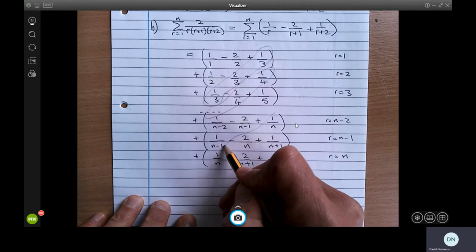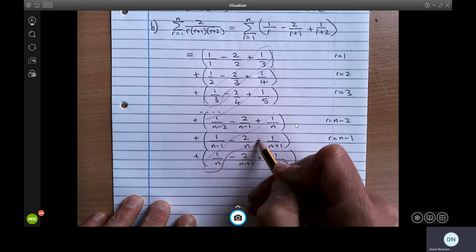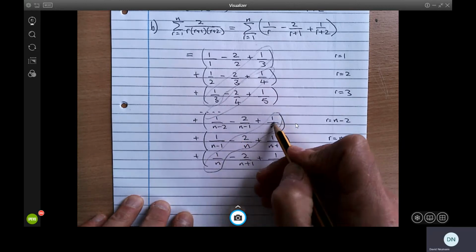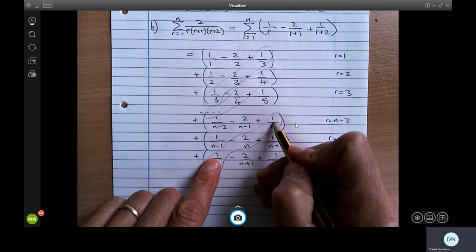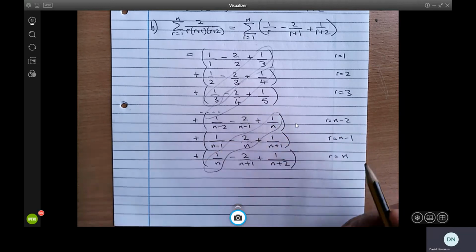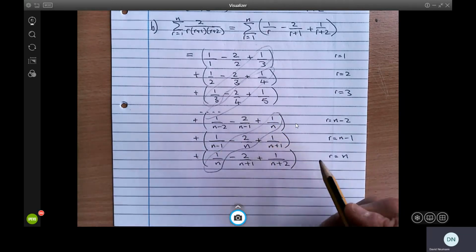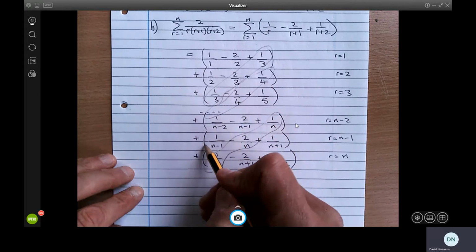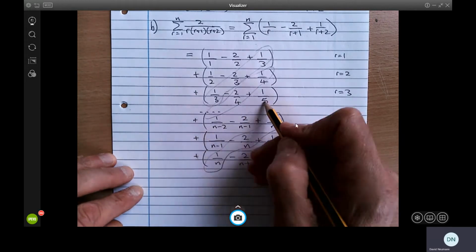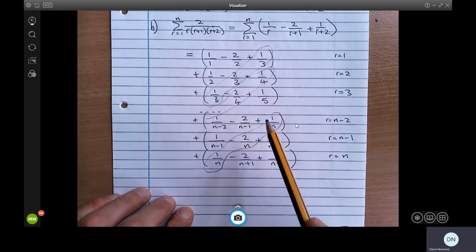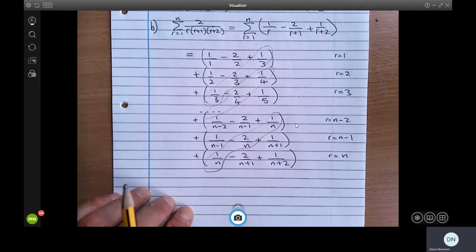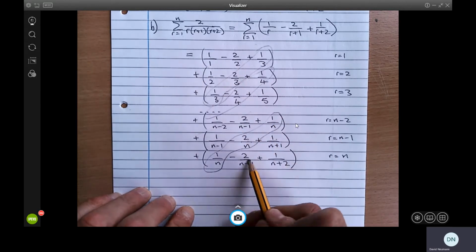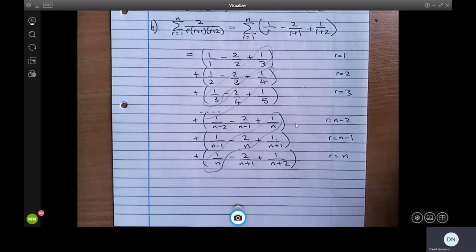These ones are going to cancel. This is 1 over n plus another 1 over n minus 2 over n. In a similar way, these will cancel here, these will cancel here. So we're left with 1, 2, 3 terms at the beginning and 1, 2, 3 terms at the end.